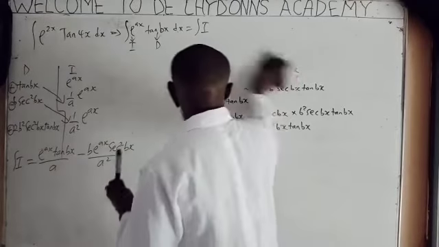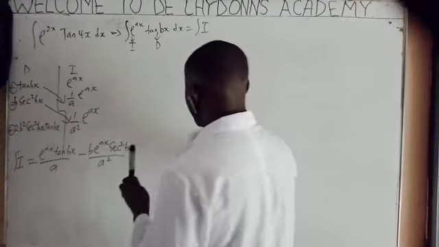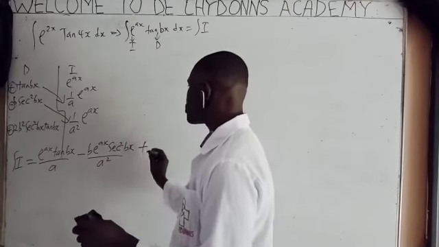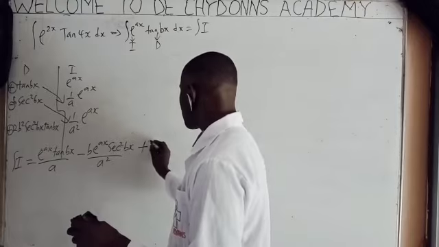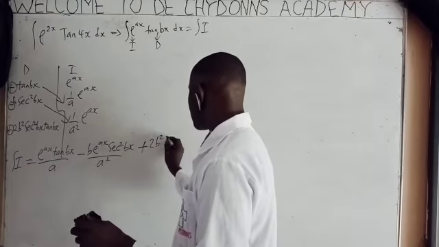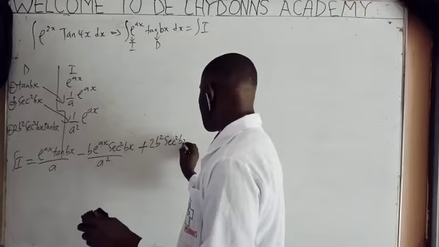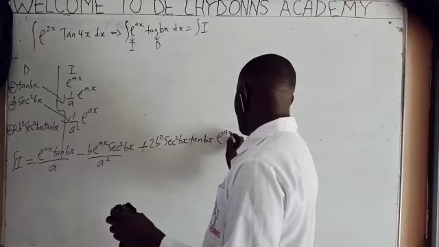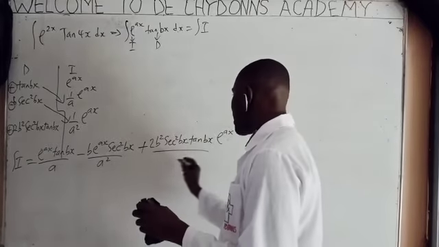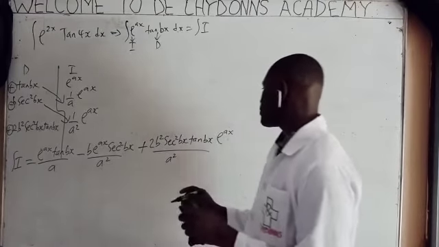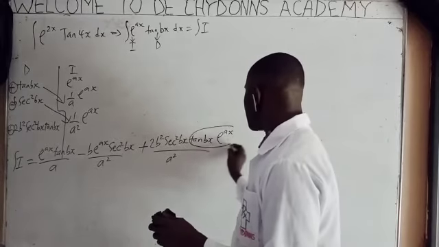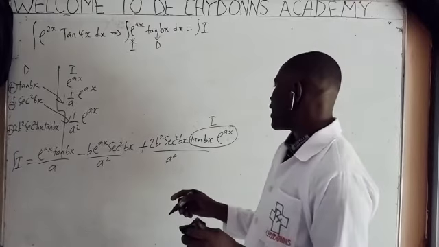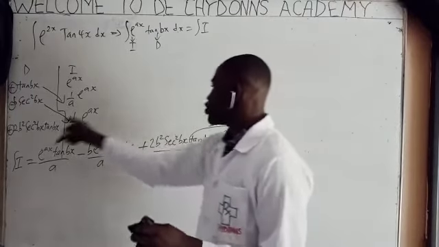Okay? Then what you now do is multiply these two, you now say plus 2b squared sec squared bx tan bx exponential ax all over a squared. Remember, the totality of this is your I from here. Okay? Then carry it to the other side.